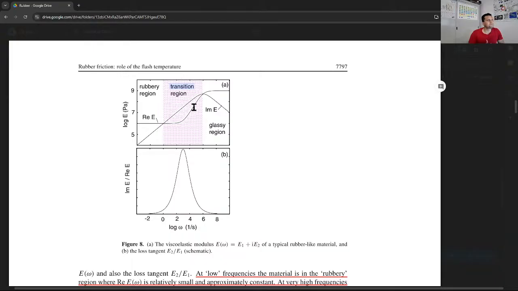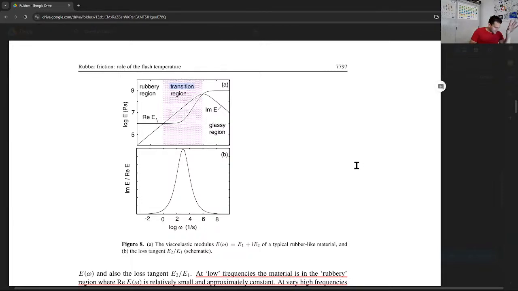Which gives us, if we are inside the transition region, important values for the friction. Let's take a look.